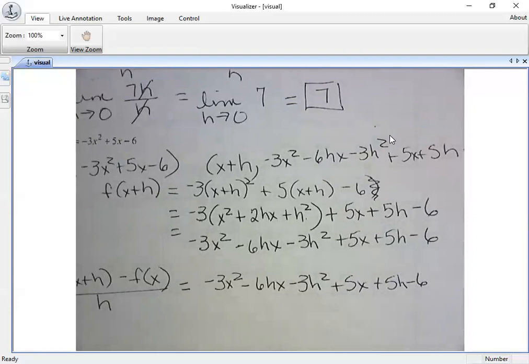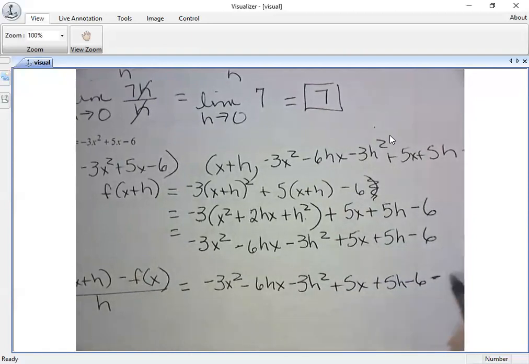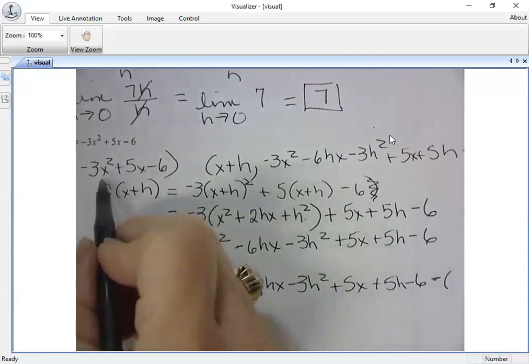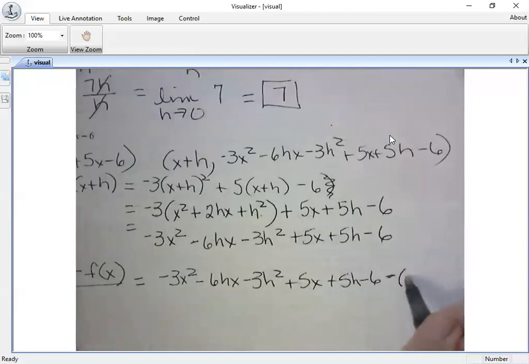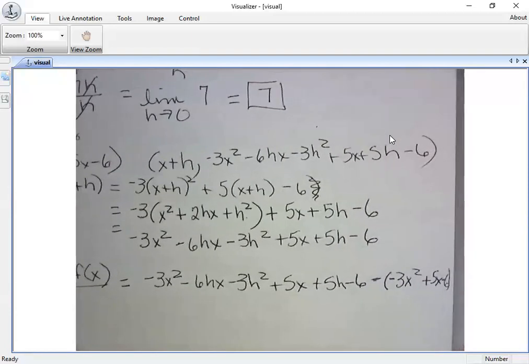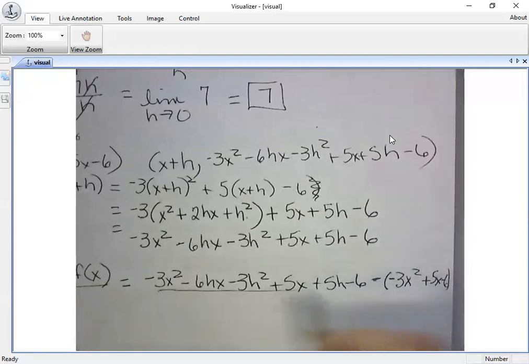But now I need to put what? Minus, do I need a parentheses for this next part? Yes, I do. So in parentheses, I put the y value from the original ordered pair, and that's going to be a negative 3x squared plus 5x minus 6. Wow, that takes a lot of room. And all of that is over h.